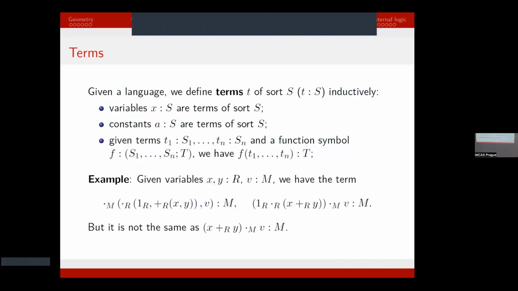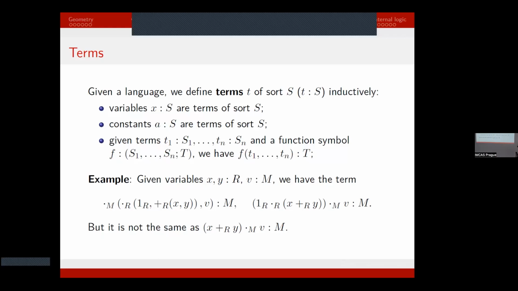Then yes, term of sort T. Yeah, exactly. These are three ways of building terms of sort T, and this happened to be a term of sort T. But yeah, S is the real term.